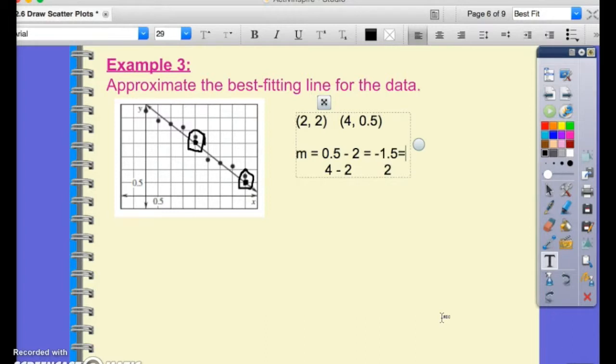And I'm going to simplify it because I don't like it as a decimal and a fraction. Let's do negative 3 over 4.